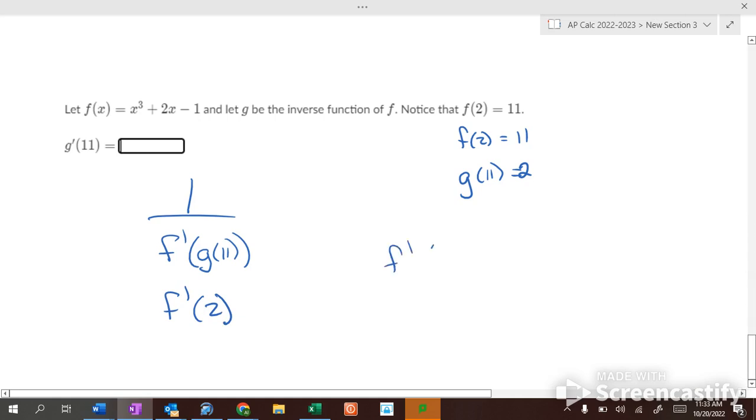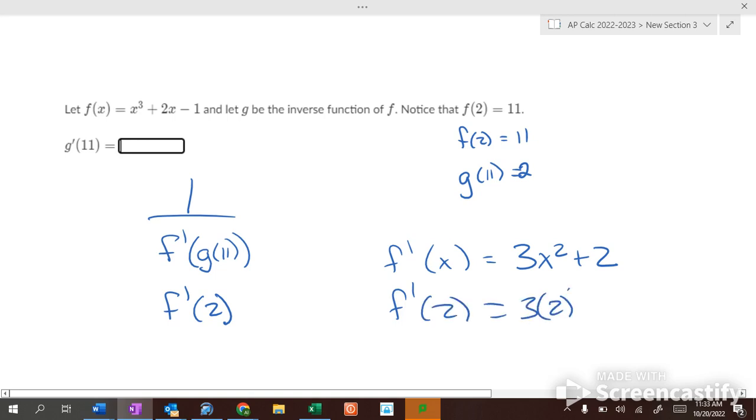So we have to find the first derivative of f, which is 3x squared plus 2. So the first derivative at 2 would be 3 times 2 squared plus 2. What's 3 times 2 squared? 12 plus 2 is 14.